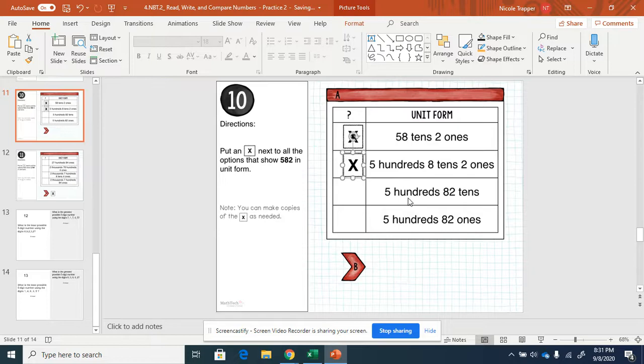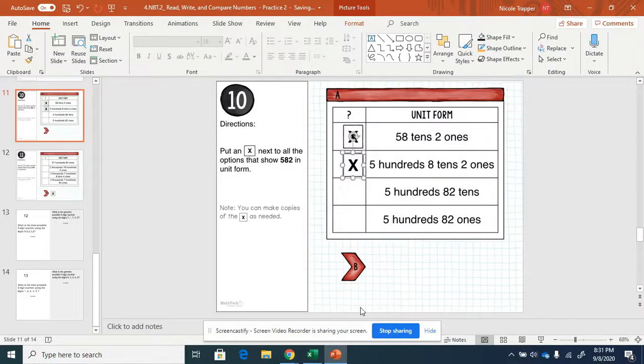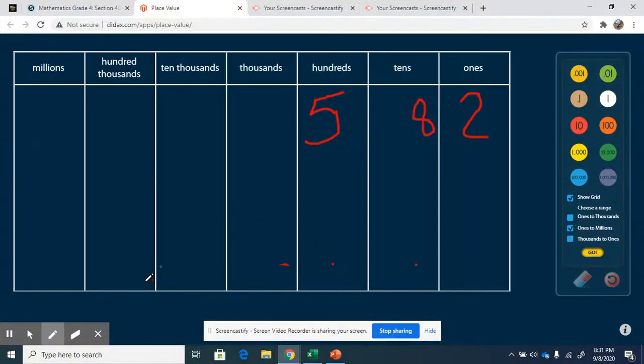The next one says 582 tens. Let's go back into our place value chart and see if that's correct. So we're doing 582 tens. So I'm going to erase this. I'm going to do 500s and 82 tens.